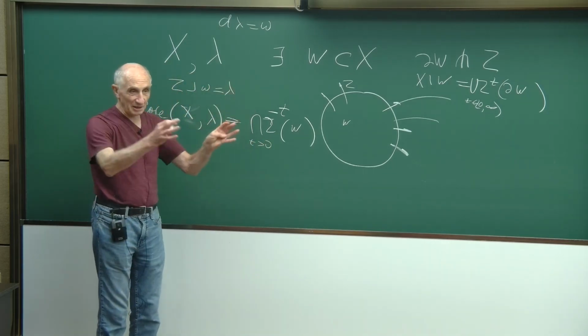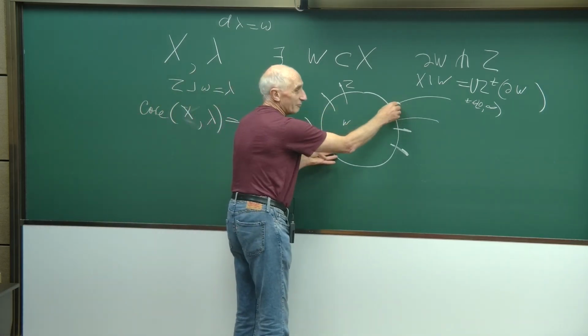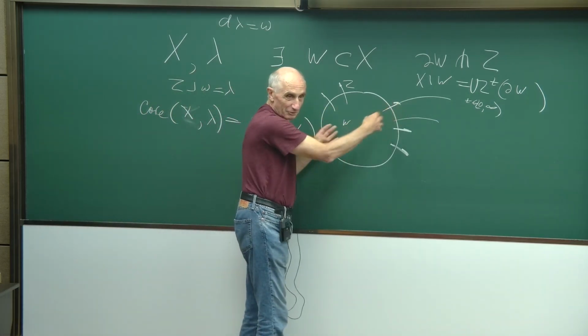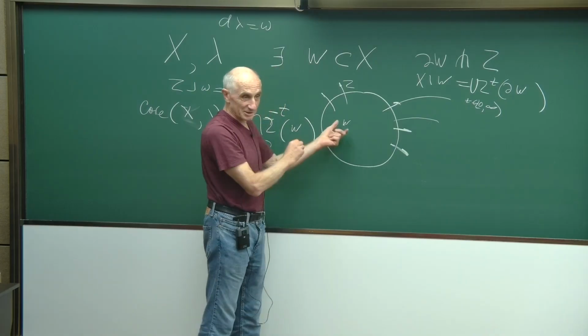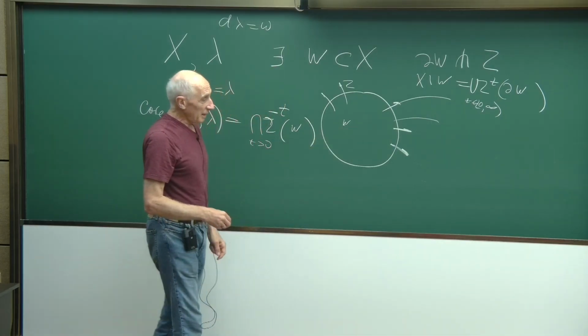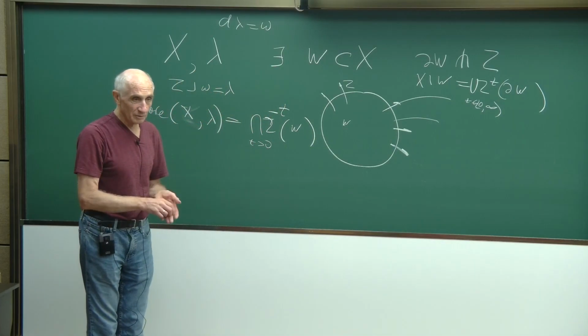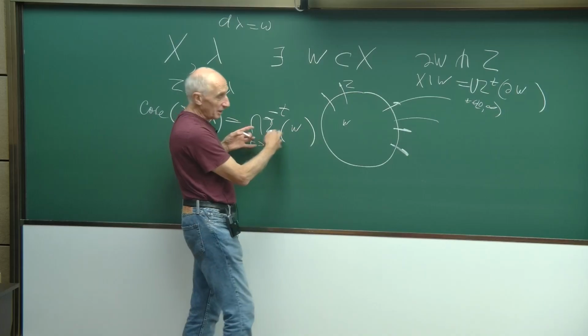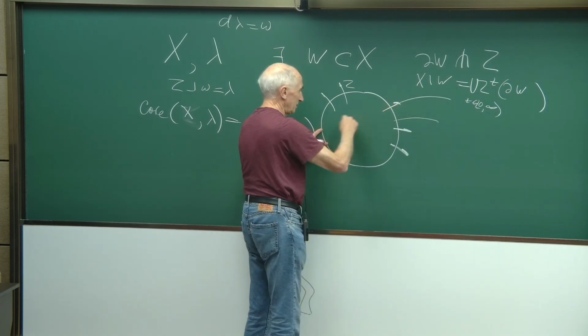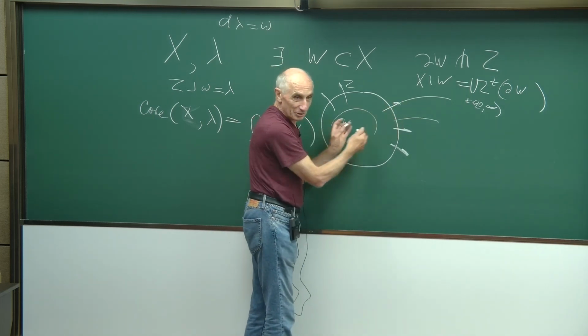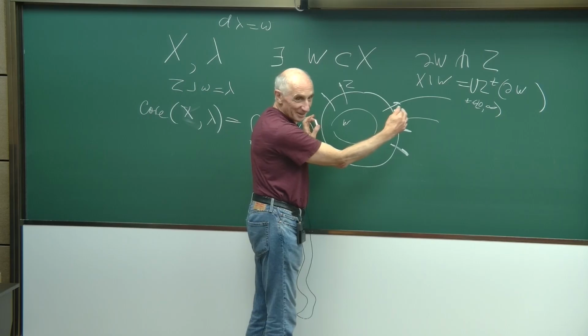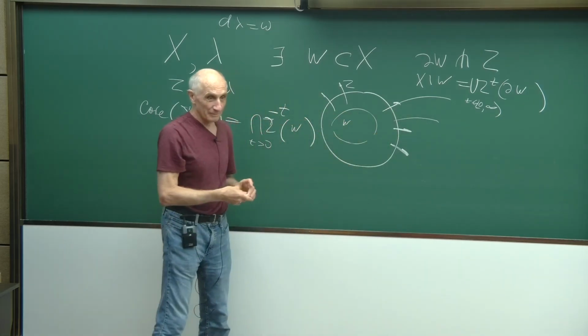So take this thing and flow with the negative flow, and you get an intersection, you get the core. You take the whole W and intersect. If you take the boundary, you get empty. So it's not boundary.